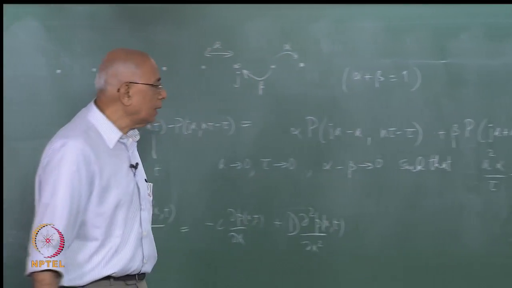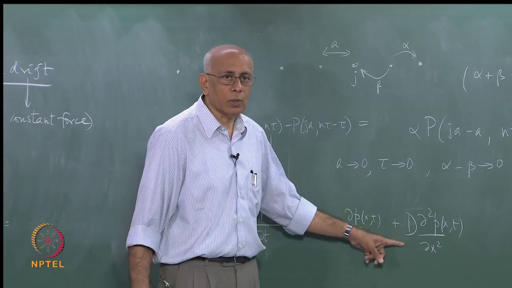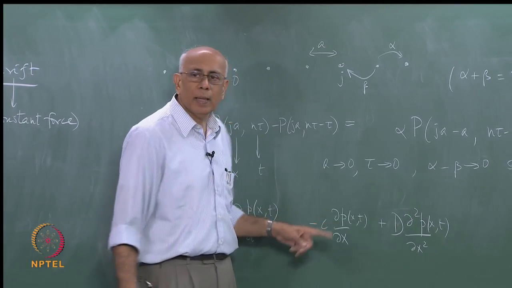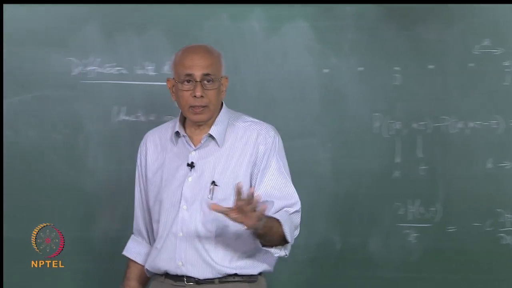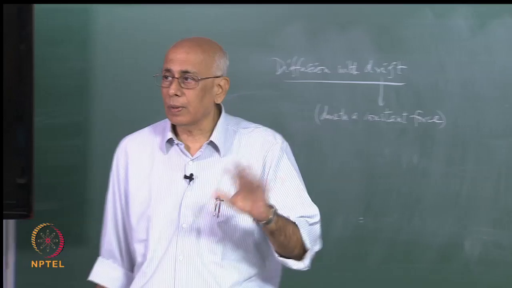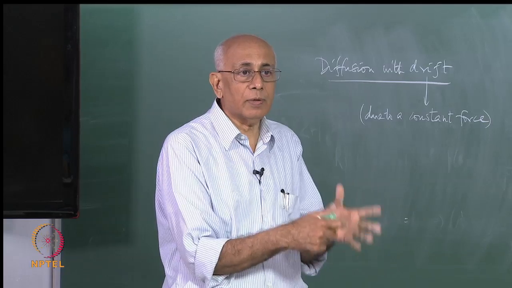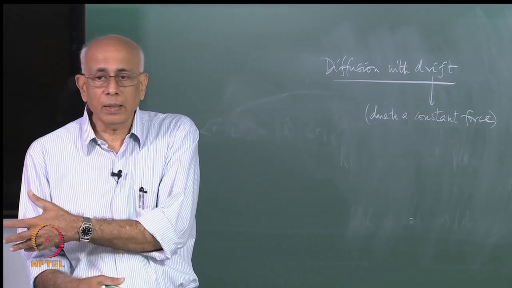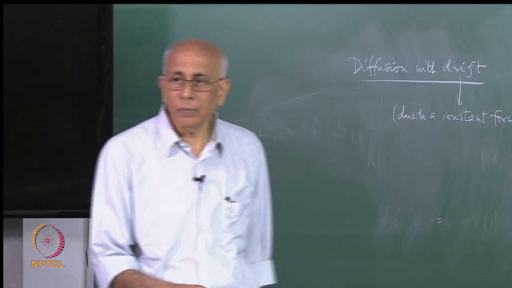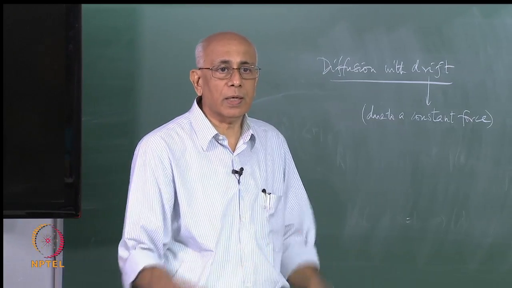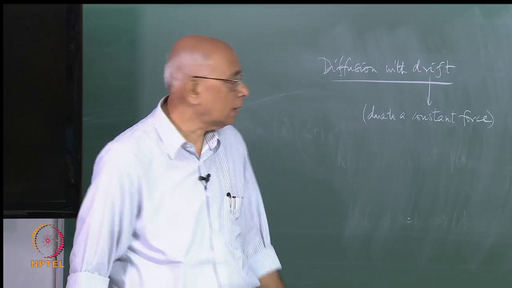So what is happening is that d is playing the role of the diffusion constant, of course, but c is playing the role of a drift velocity, an average drift velocity. Okay. There is a systematic drift to the right if alpha is greater than beta, and a systematic drift to the left if alpha is less than beta, and when alpha is equal to beta there is no drift, it is unbiased diffusion on either side.